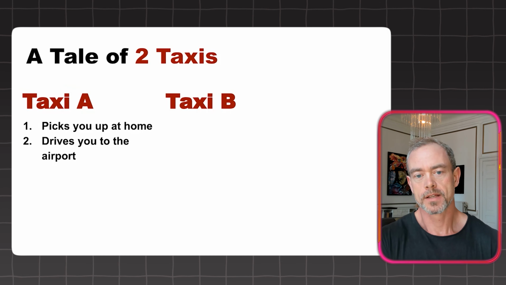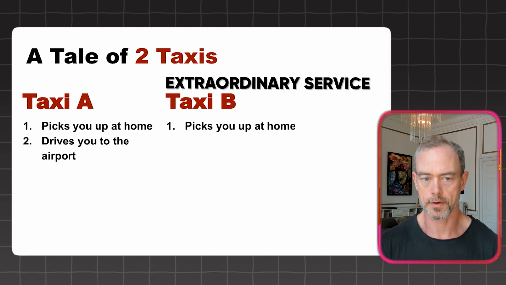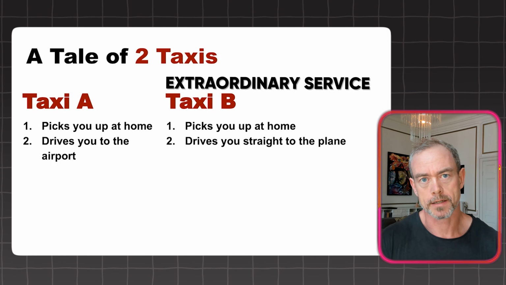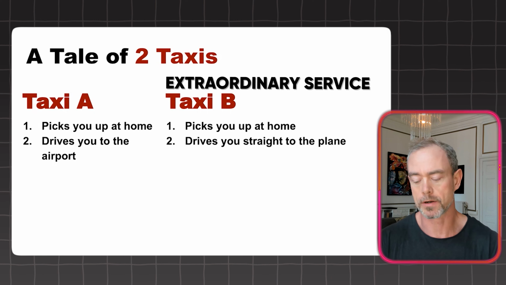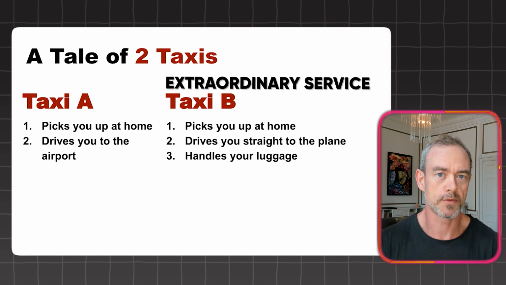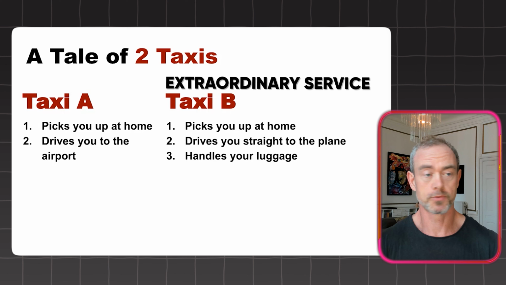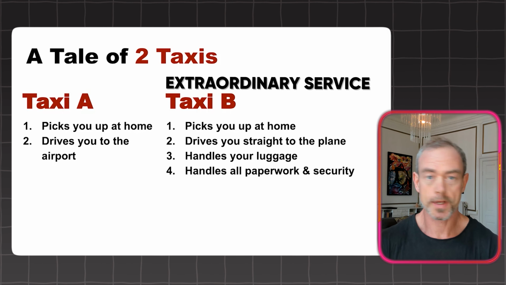Okay, Taxi B is different. Taxi B is an extraordinary service. It still picks you up at home, but then it drives you straight to the plane, right? Not to the airport. It actually drives you all the way through the tarmac, like you see on Instagram where people get their private jets, straight to the plane. And then it handles all your luggage, like you don't need to touch it. That just gets done. It handles all the paperwork and the security.